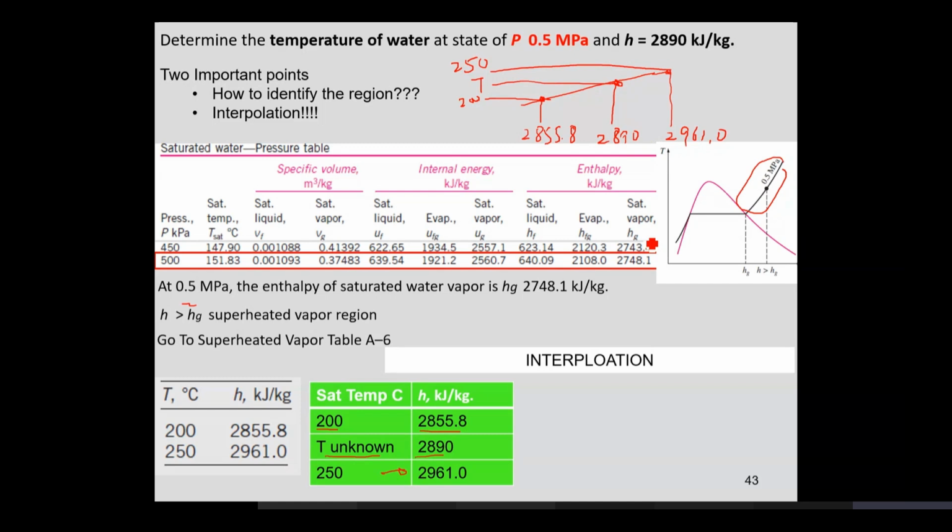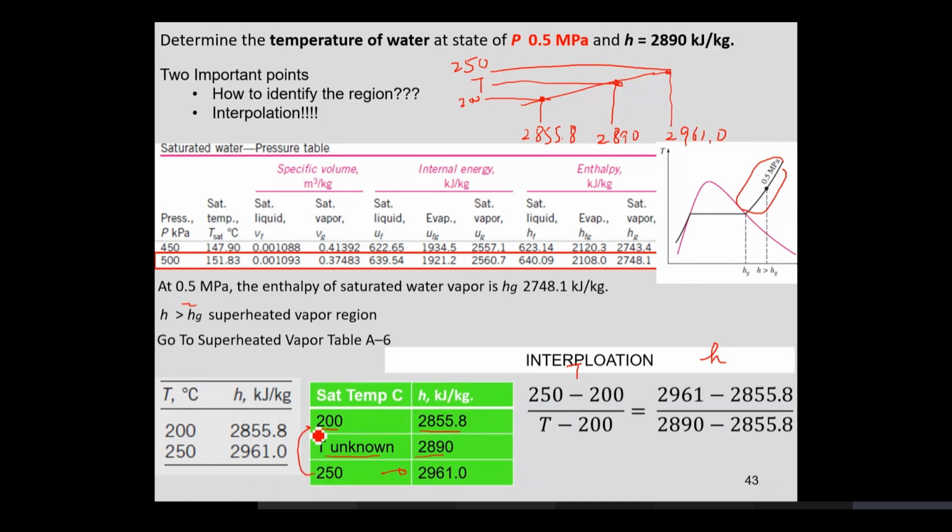So I'll use these values to construct this ratio. Left hand side, you have all the temperatures. On right hand side, you have enthalpies. And how I have constructed the table, I have taken 250 minus 200, and on the right hand side, the enthalpy values corresponding to the temperatures, 2961 minus 2855.8.